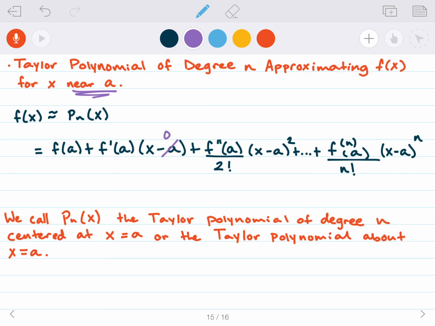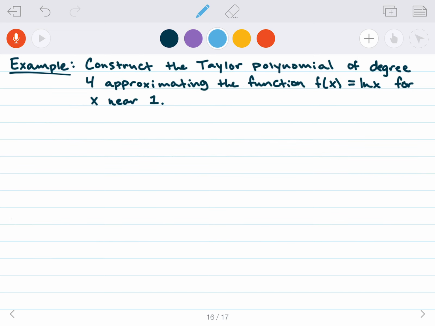So 0, 0, etc. But this time, we're just going to use this in the general case. So we call x equals a the center of the Taylor polynomial. Okay, so let's do an example where the center is not 0.